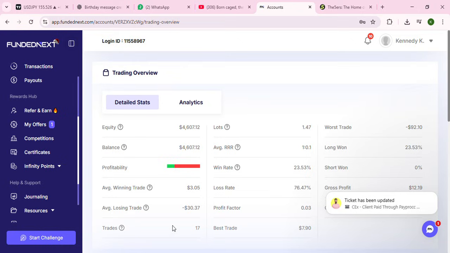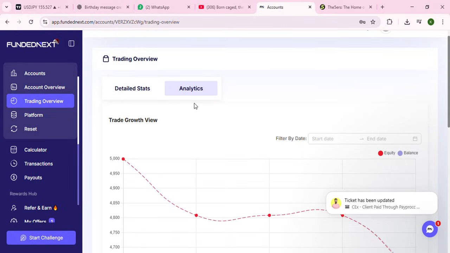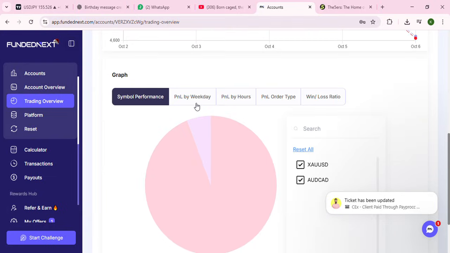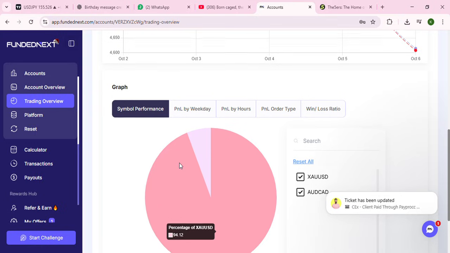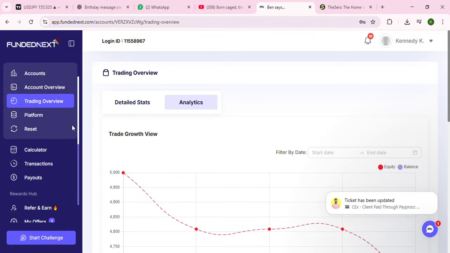Trades I took were 17. Best trade $7.9. Things are not good over here. I only took trades on gold and also Audi card. So that was it.